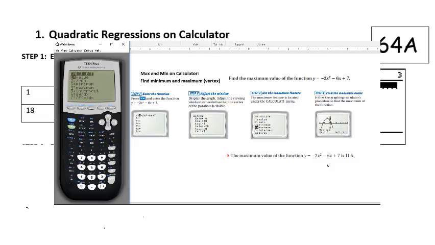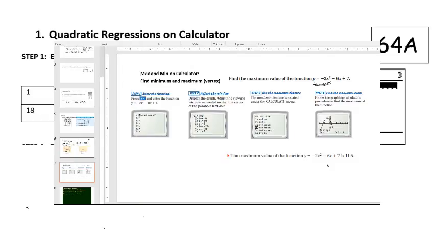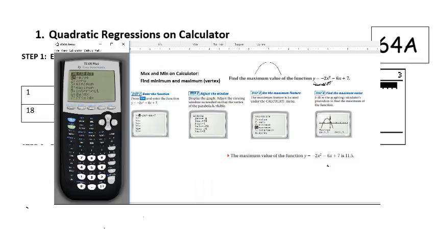I could calculate zeros, minimum, maximum, intersect, and so forth. Because this is an equation where the leading coefficient is negative, it will be a parabola looking down. A parabola looking down will have a maximum point, so I will choose maximum from the calculator. Once I select maximum, it draws our graph already.